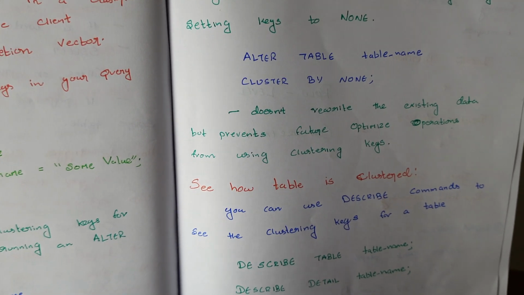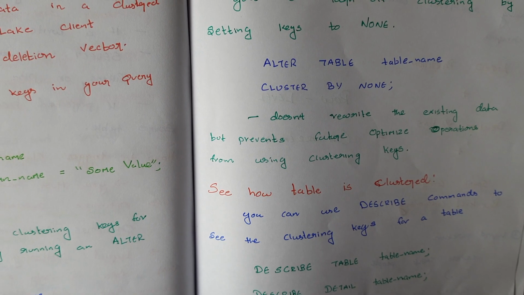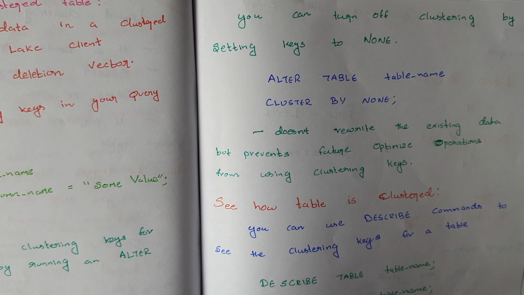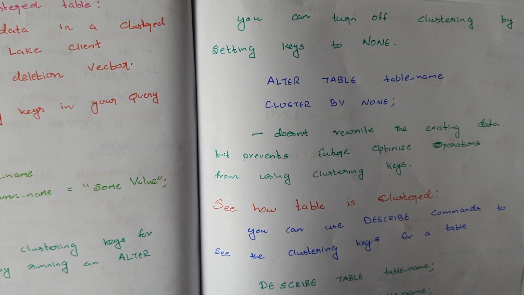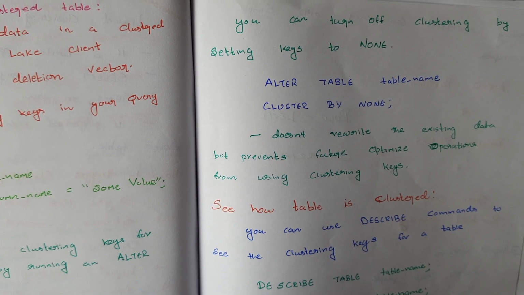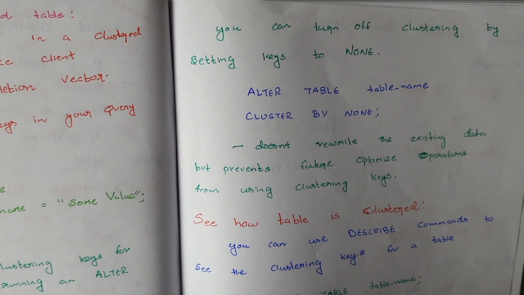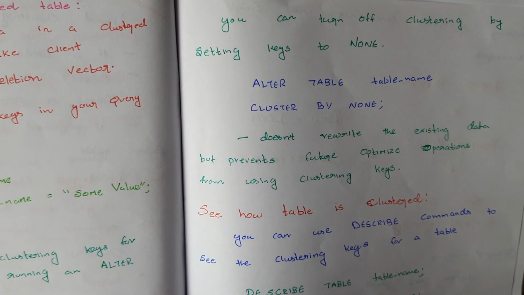This means that whenever you feed incremental data into your table, it won't be optimized based on keys because you have not provided any keys, but the old history data available in the table is still optimized by the cluster by key which you chose earlier.